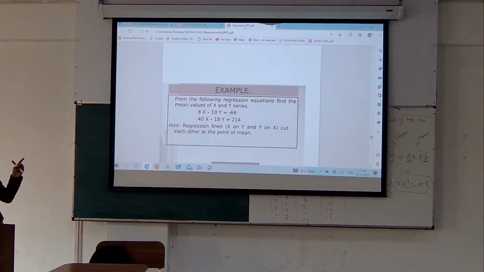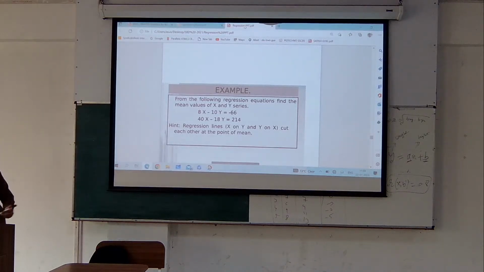In that example, we have taken sale as y, but it may be possible you take sale as x. You can say sale is my independent variable and budget would depend upon sale. If your perspective is like that, then you have the equation x on y.